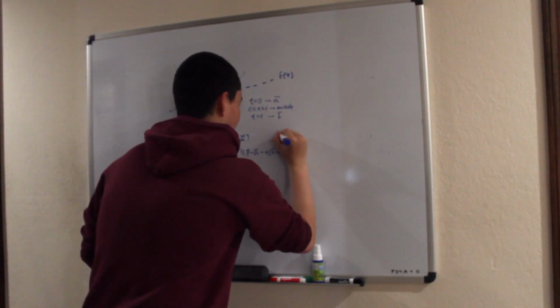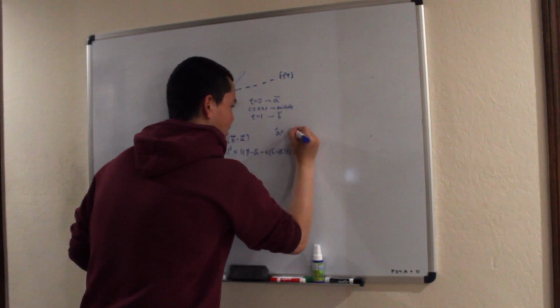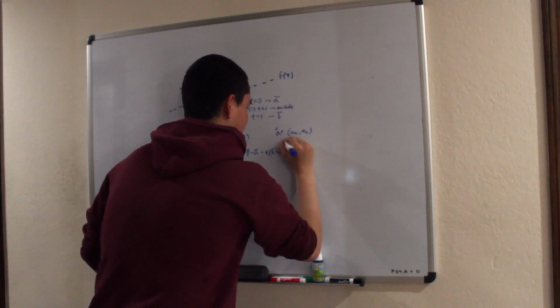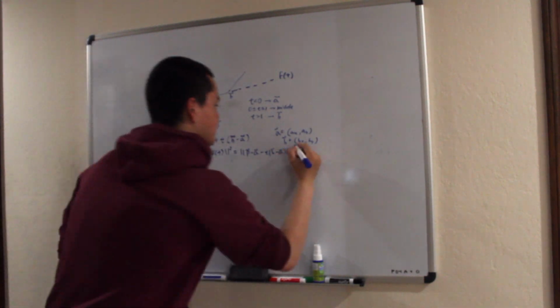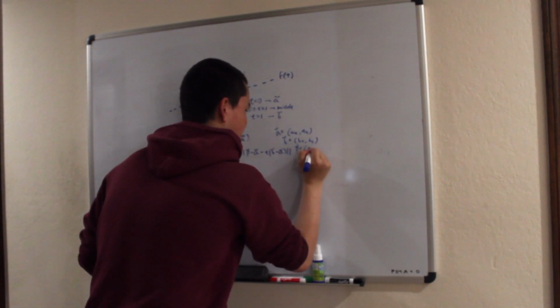So a is (ax, ay), b is (bx, by), and p is (px, py).